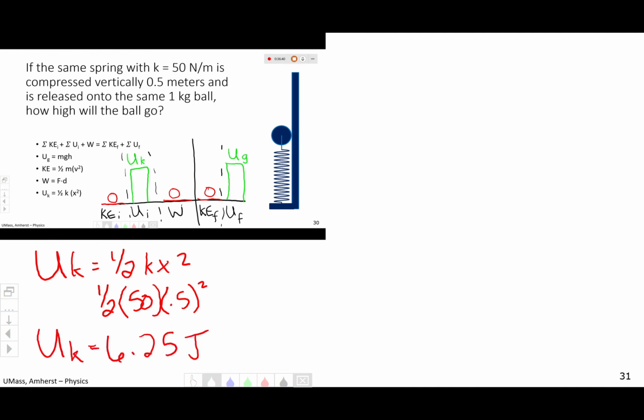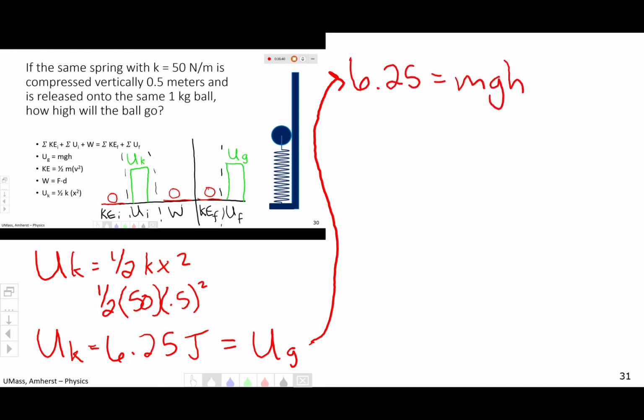All right. That has to equal the gravitational potential energy, which is mgh. So that 6.25 equals mass 1 times 9.8 times h.